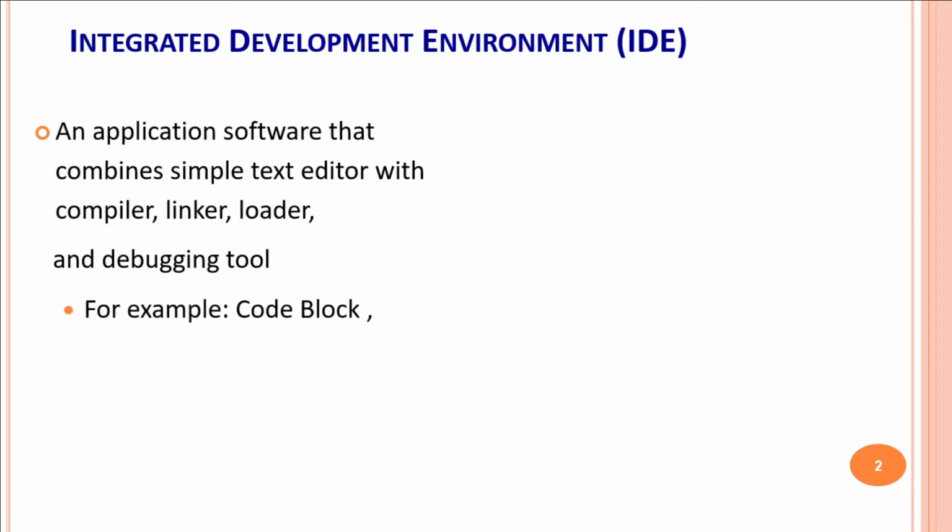For example, we are going to use Code::Blocks as one of the freely available, very powerful, simple integrated development environments. In the next video, I will be showing you how to install and start using Code::Blocks. There is one tutorial available on Code::Blocks from our side. It is one of the best IDEs.